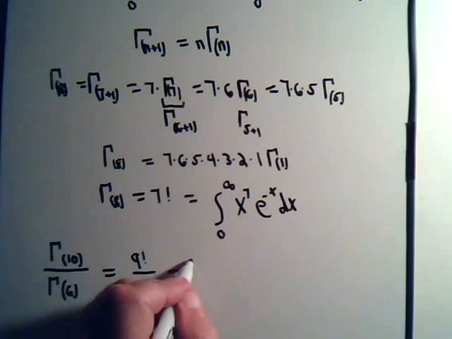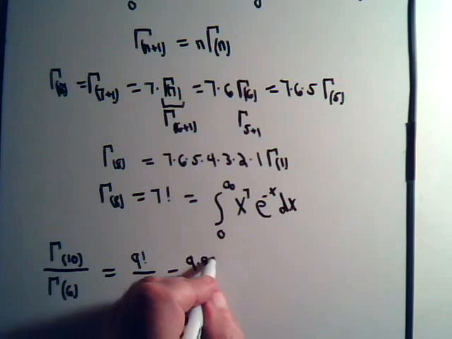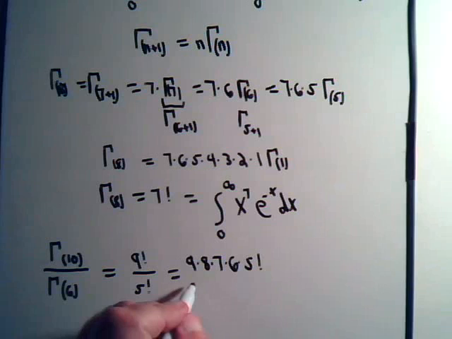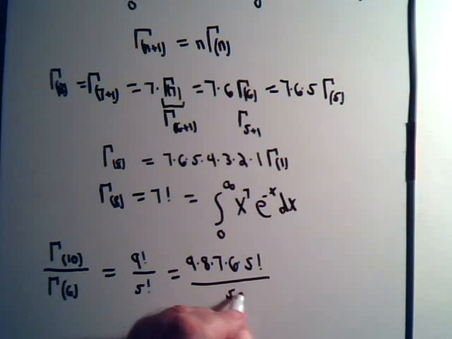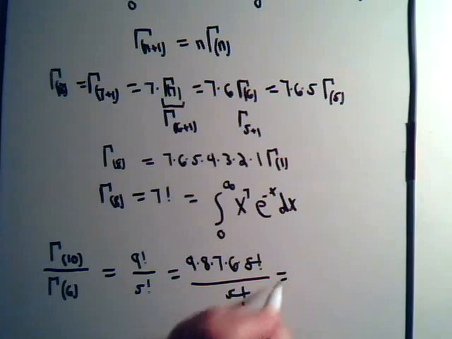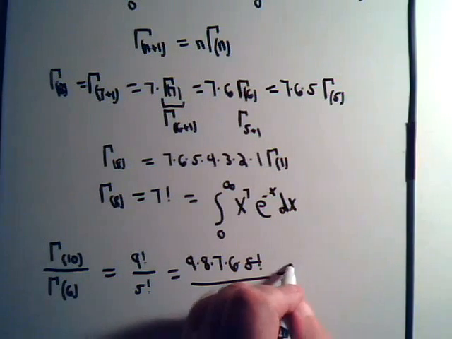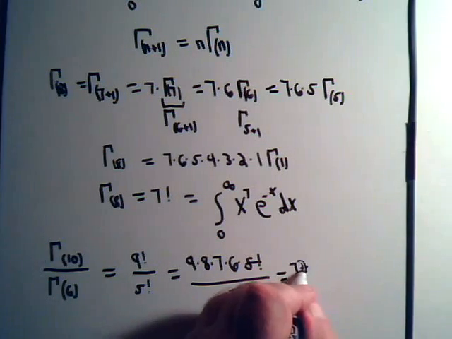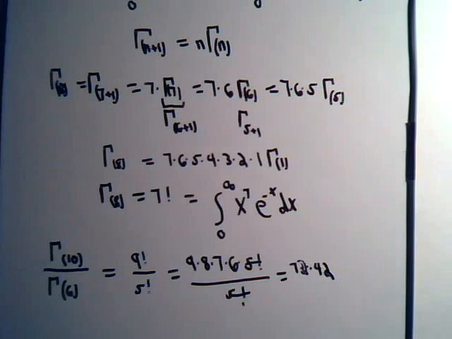And this would be equal to 9 times 8 times 7 times 6 times 5 factorial divided by 5 factorial. Or that would just simply be equal to 72 times 42. So those are just some of the basic properties here when we're dealing with gamma functions of whole numbers.